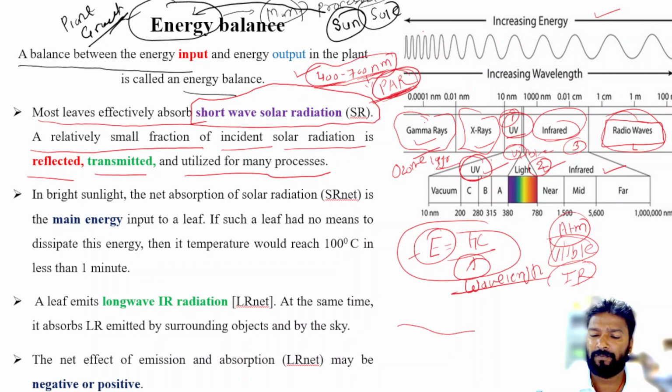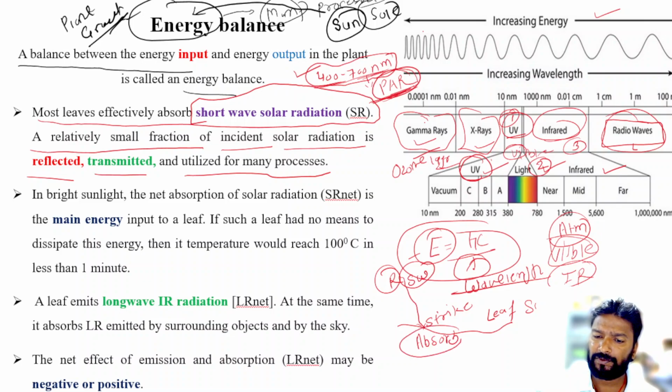So friends, you know that there is a leaf surface. When short wave radiation strikes the leaf surface, it could be absorbed by the leaf, or it can be transmitted, or it could be reflected back.